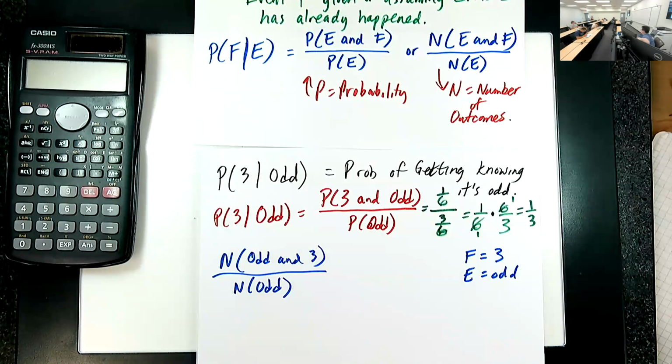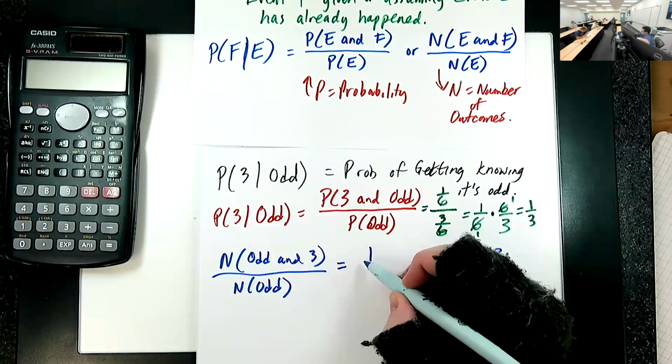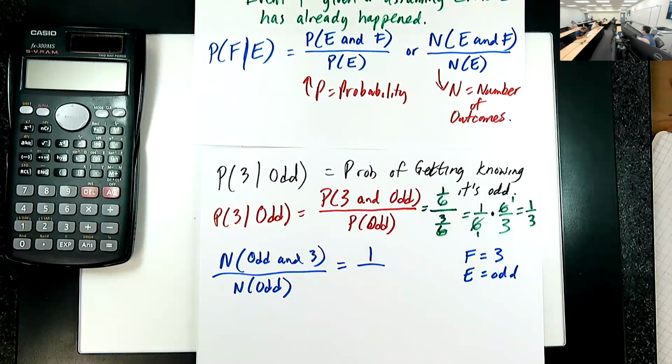On a die, how many outcomes are both the number 3 and odd? Just one, the 3, right? Only the 3 meets that criteria. How many outcomes are odd on a die? 3: the 1, 3, 5. Notice that way we jump straight to the answer.